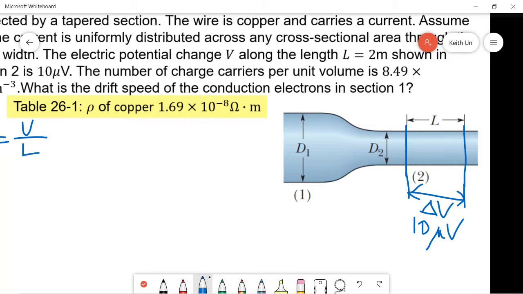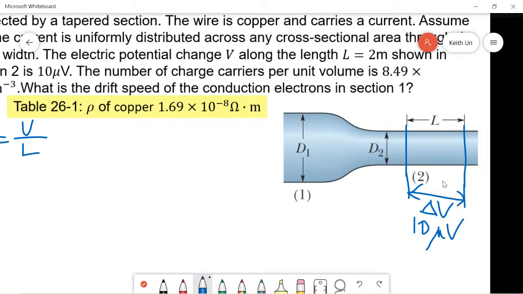Because you have a current going either way, and so due to this current, there will be some voltage drop or potential change.